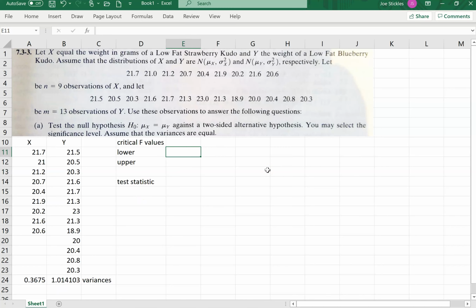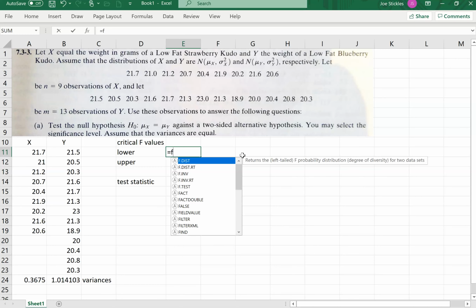All right, so remember that we need a numerator degree of freedom and a denominator degree of freedom. So when I do my test statistic, I'm going to do X over Y. So my numerator degrees of freedom: there are 9 of the X's, and there are 13 of the Y's. Remember, we have to subtract 1 off of each of these. So there's 8 degrees of freedom in the numerator and 12 degrees of freedom in the denominator.